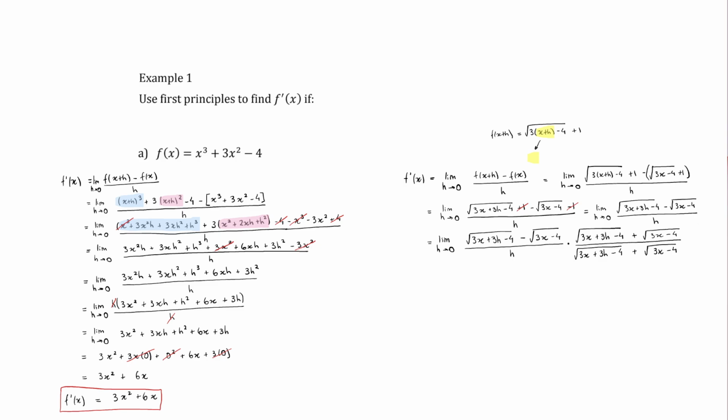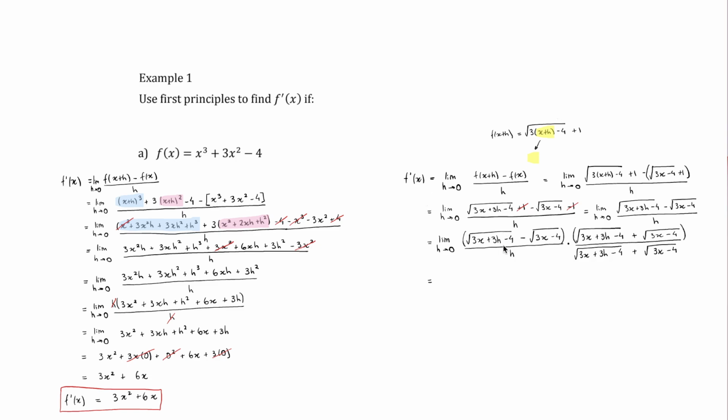For the numerator, we are going to end up with the square root of 3x plus 3h minus 4 times the square root of 3x plus 3h minus 4, right? We have basically here a difference of squares that makes up our numerator.